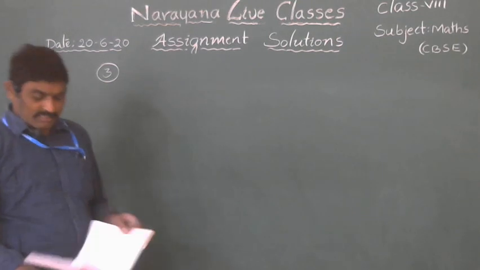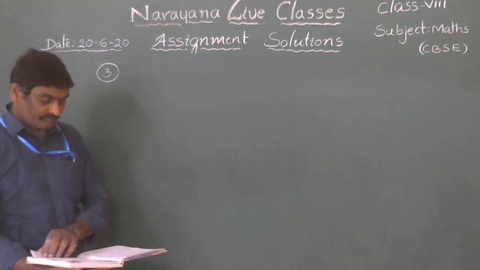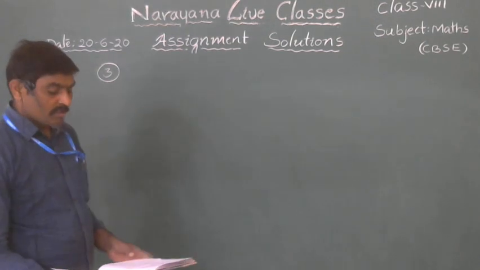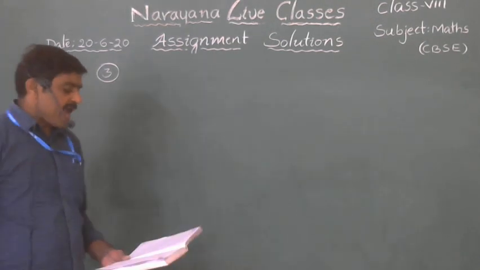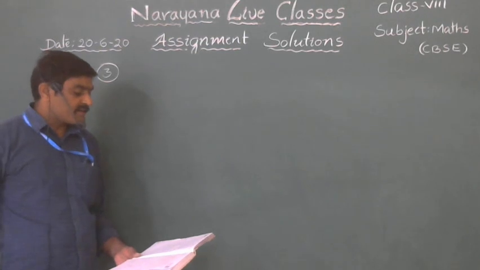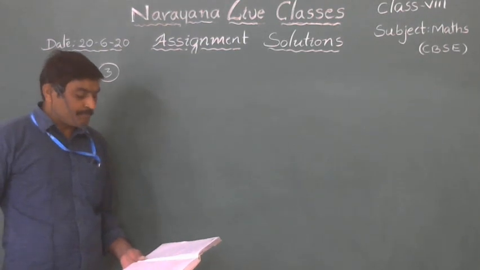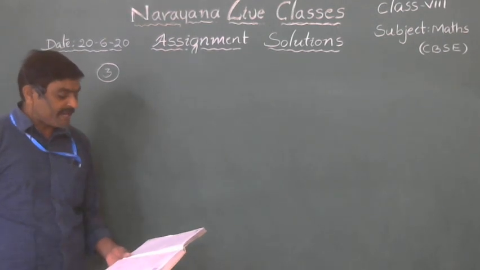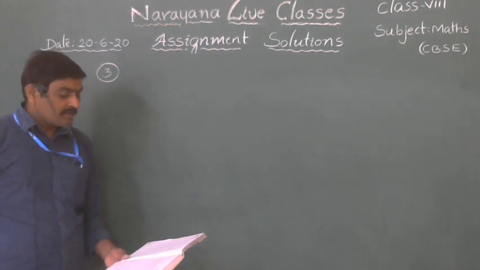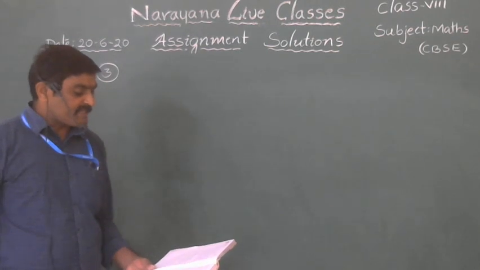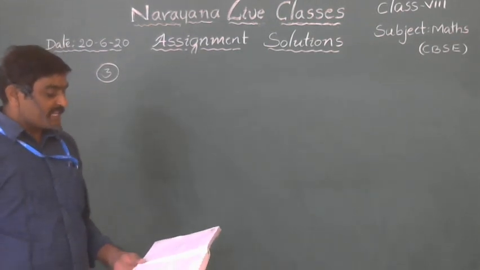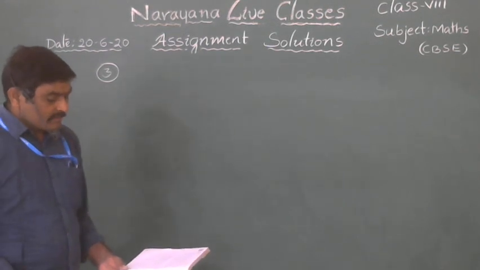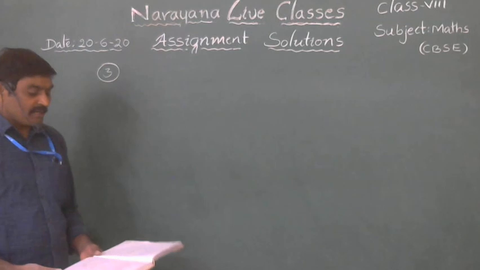Now the third question is: Rema had 60 flowers. She offered some flowers in a temple and found that the ratio of the number of remaining flowers to that of the flowers in the beginning is 3:5. Find the number of flowers offered in the temple.